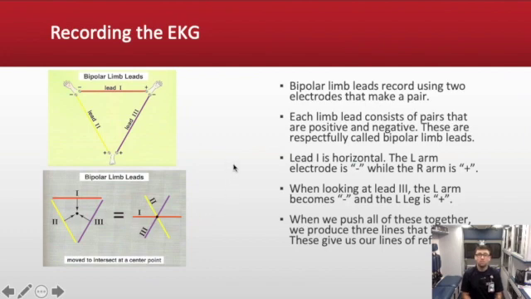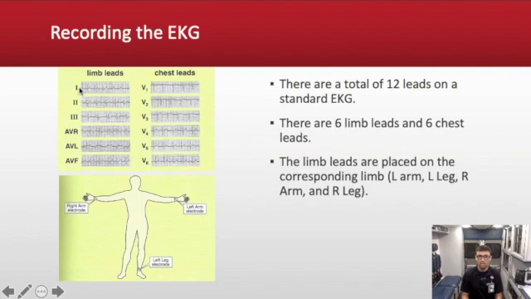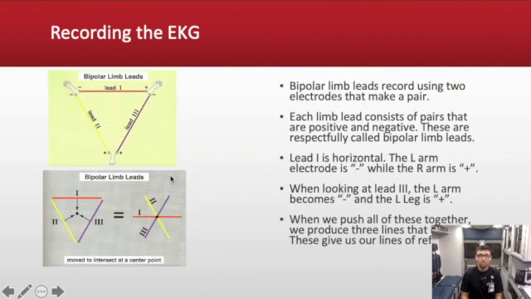Our bipolar limb leads record using 2 electrodes that make a pair. We have to have a positive and a negative electrode to be able to create these bipolar limb leads. Lead 1 is horizontal. So again, going back to lead 1, lead 2, lead 3, AVR, AVL, AVF. That's what we're talking about right now. So when we're talking about lead 1, we have a negative electrode here, positive electrode on the left.